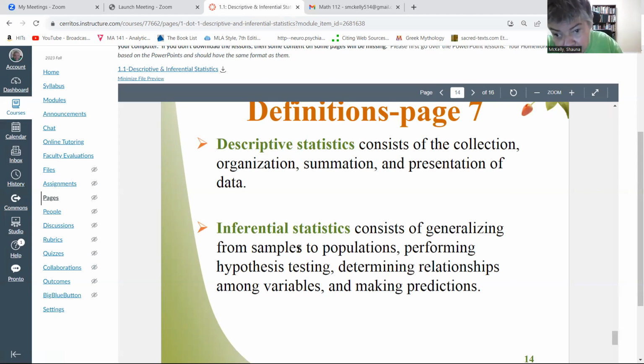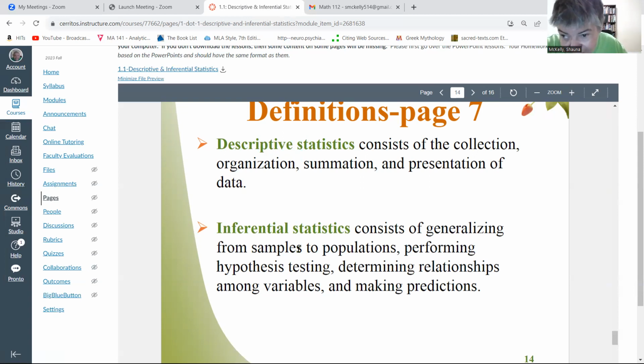That's inferential. Also, inferential statistics makes predictions about what could happen. It could be that this drug is more effective than that drug, or sometimes it's relationships among variables. Something you might have heard would be, playing violent video games causes people to become more violent as they get older.